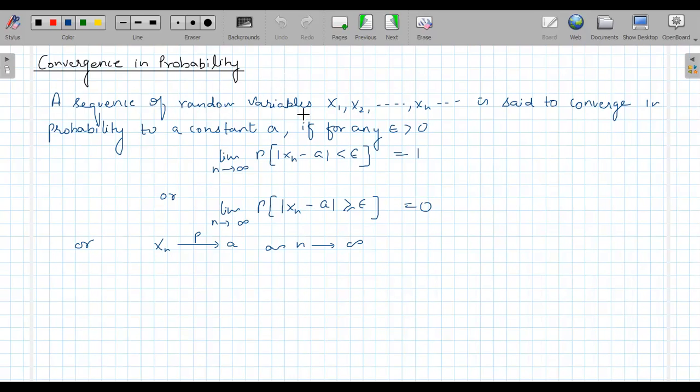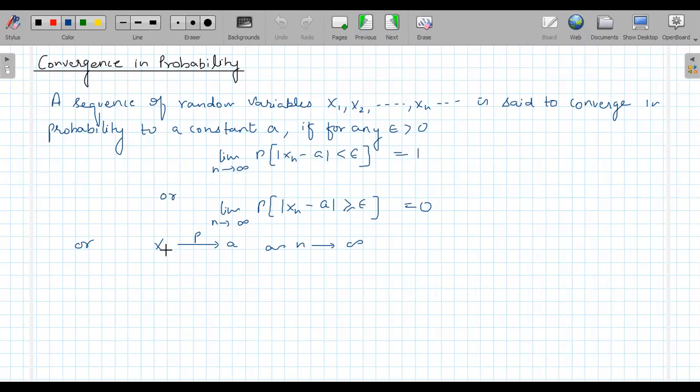A sequence of random variables x1, x2, xn and so on is said to converge in probability to a constant a if for any epsilon greater than 0 we have the probability mod xn minus a less than epsilon, as n approaches infinity, the probability of this approaches 1, or the probability that the difference between xn and a is greater than epsilon approaches 0 as n approaches infinity.